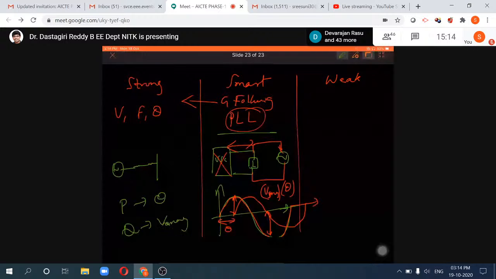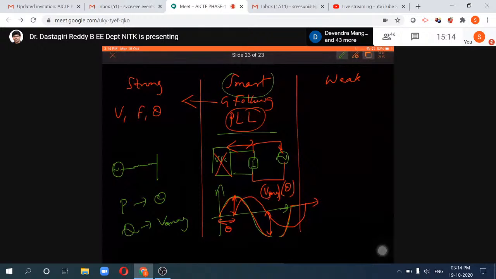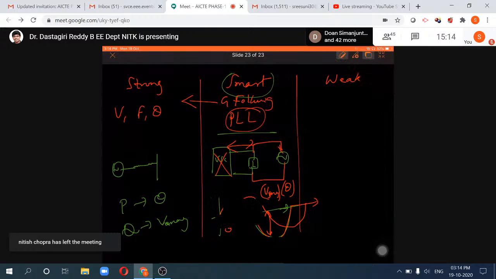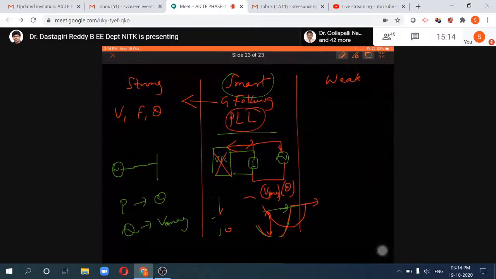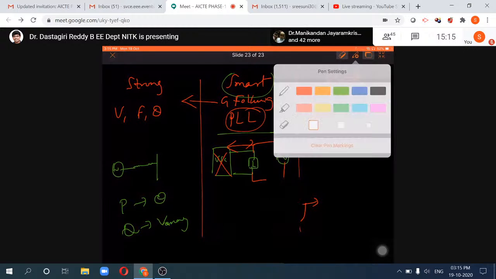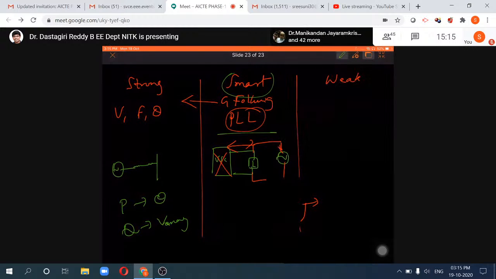But in the converter case, whose equivalent circuit will be, one second, let me clear this. In the converter case, the equivalent circuit is a voltage in series with a resistance.